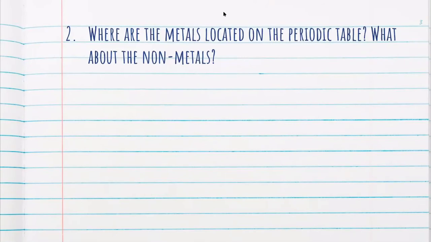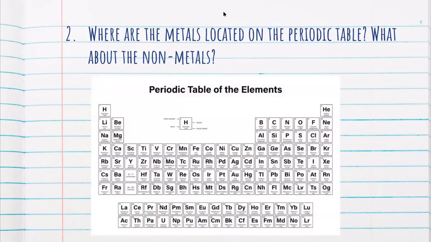Number 2 asks, where are metals and nonmetals located on the periodic table? And if you remember, we actually talked about this a long time ago. But in case you forgot, I'm going to pull up my periodic table. Here, it's no colors, but an easy, quick way to remember it is all of the elements to the left are the metals.